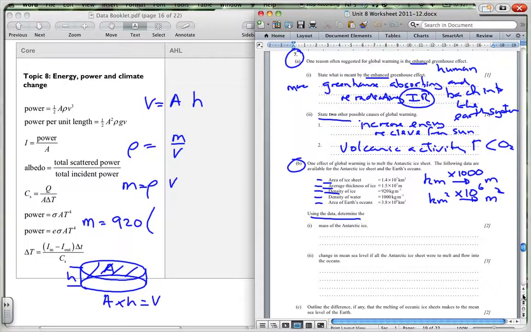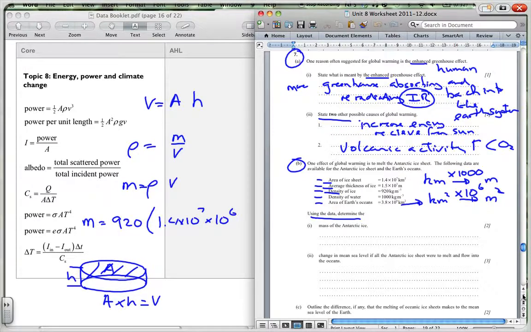So we have got our surface area. We are told that is 1.4 times 10 to the 7 kilometers squared, but I must put that in meters squared. So to do that, I'm going to have to multiply that by 10 to the 6.